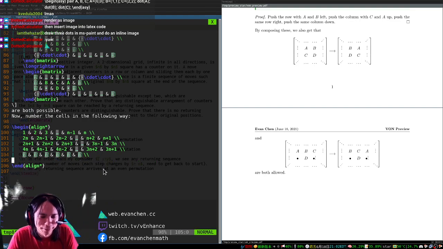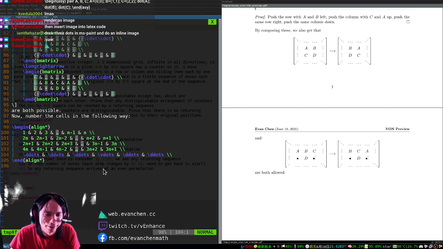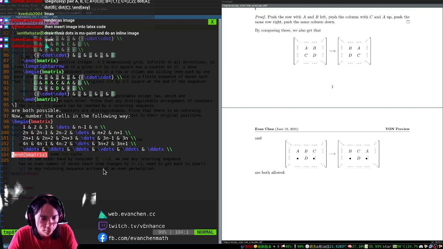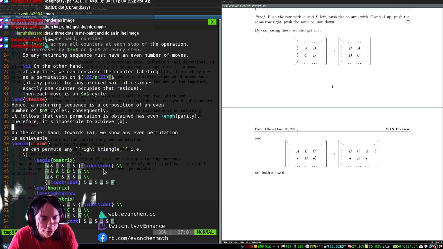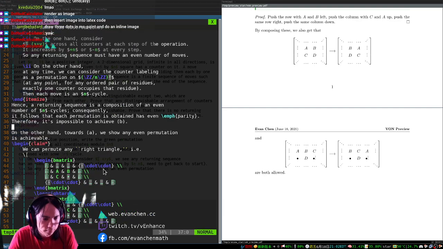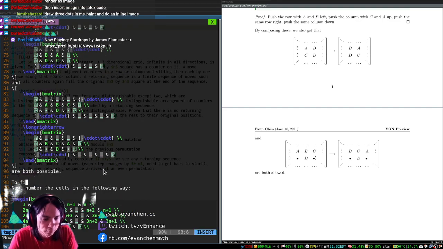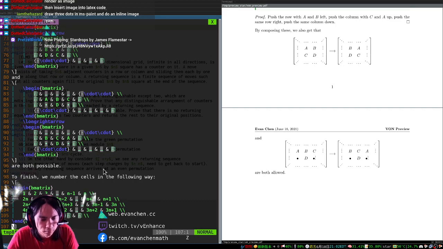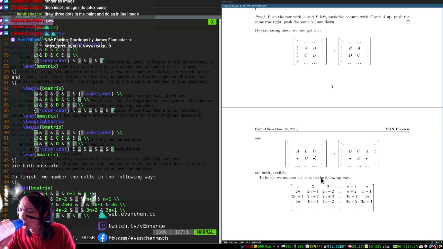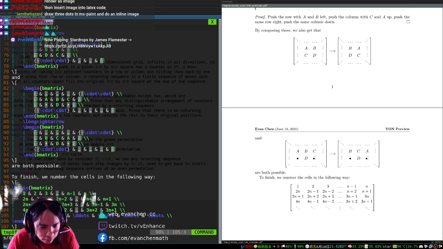Oh, actually, okay, I'm just going to leave it like this, because it depends. Also, I meant to use a matrix. Oh, we should all be dots except for this one.